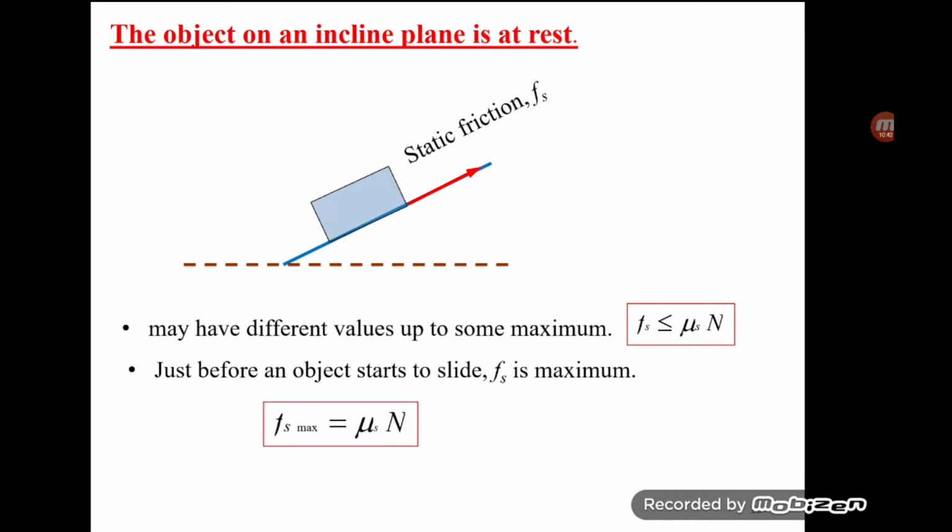So the formula of static friction force is Fs equals mu s N, where mu s is the coefficient of static friction and N is the normal force.